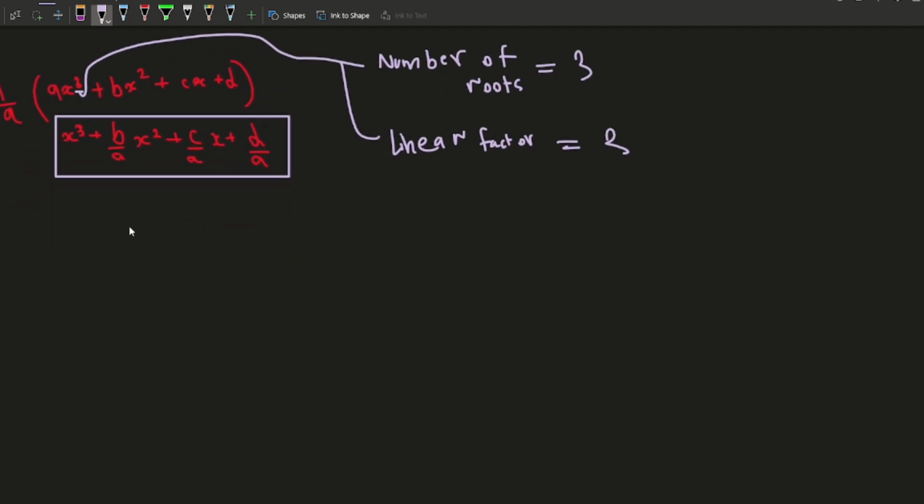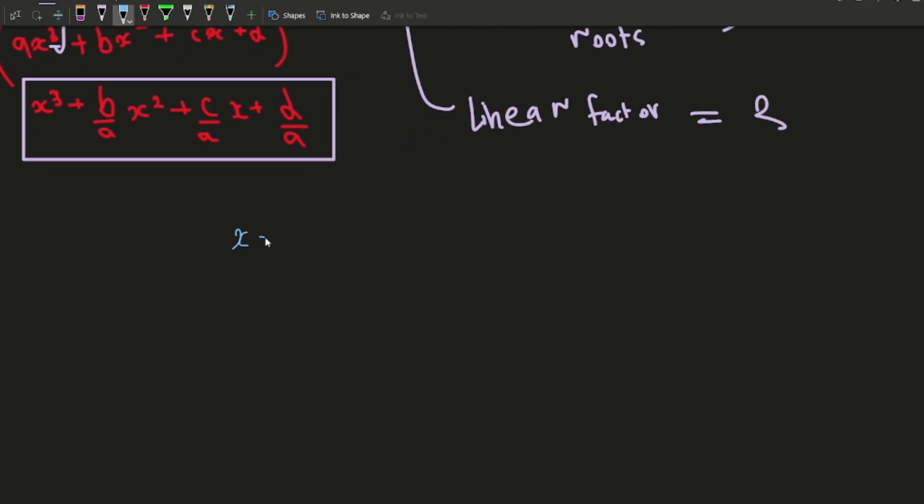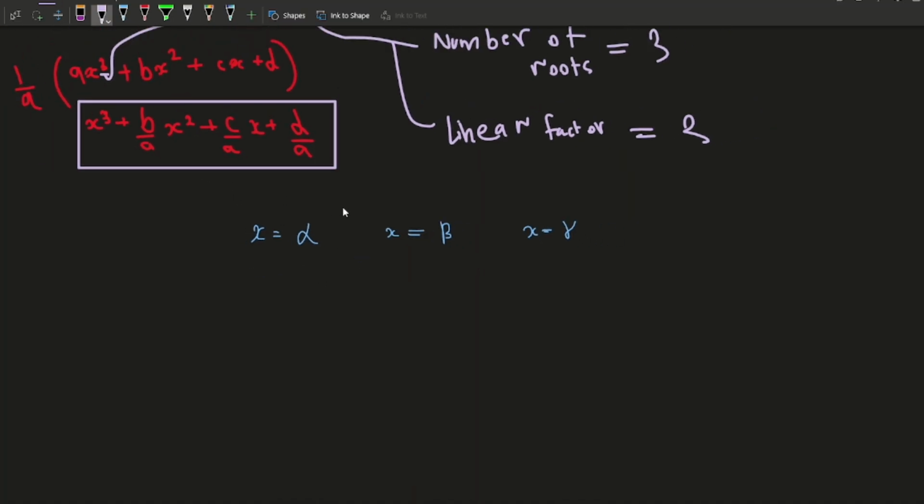So now let's assume that our 3 roots are alpha, beta, and gamma. In quadratics, we only had 2 roots, alpha and beta. And now in cubics, we have 3 roots, so there's now a gamma. So alpha, beta, gamma are our roots for the cubic.